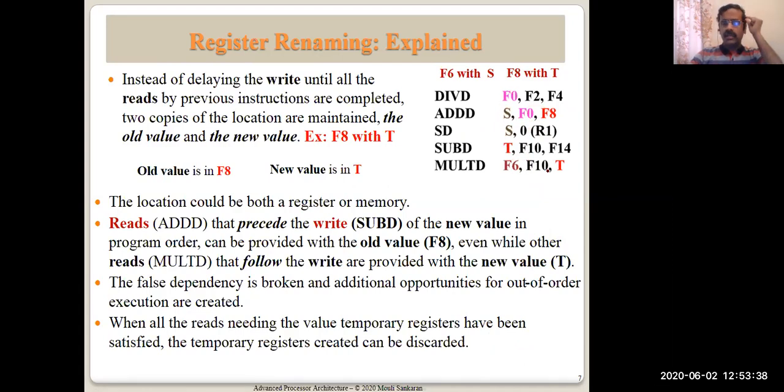A processor is not going to remember there was F8 earlier. It doesn't remember. Similarly, it doesn't remember F6 was there. It doesn't have to save this value in S back to F6. There is no need. F6 is having something else now. So S can be discarded as soon as its usage is done. It was required only for these two instructions and it is taken care of.